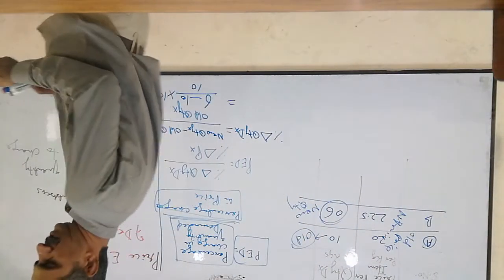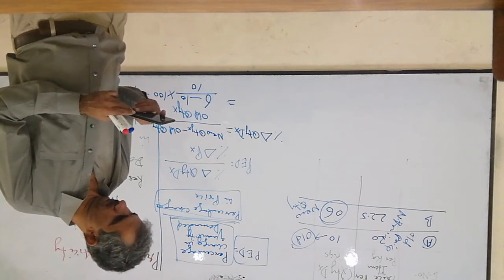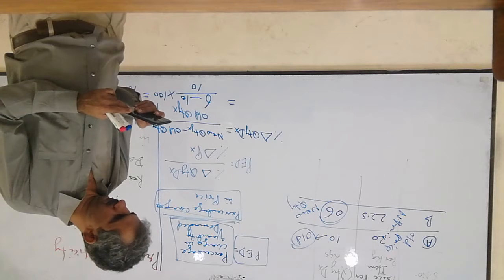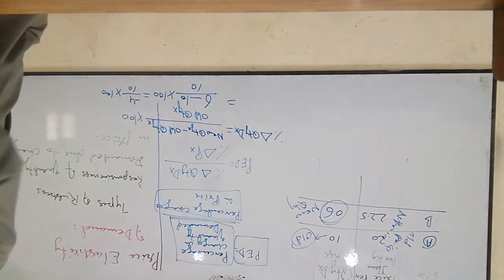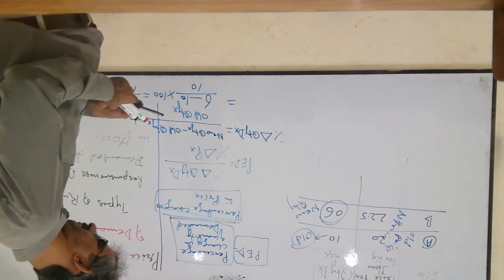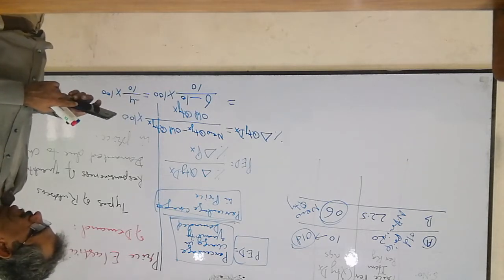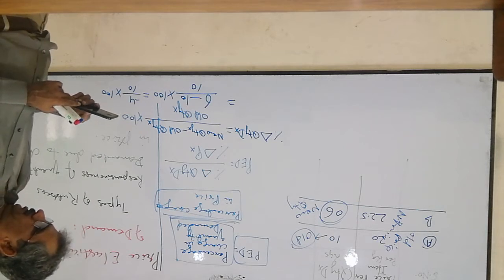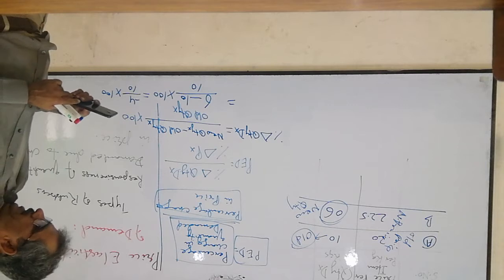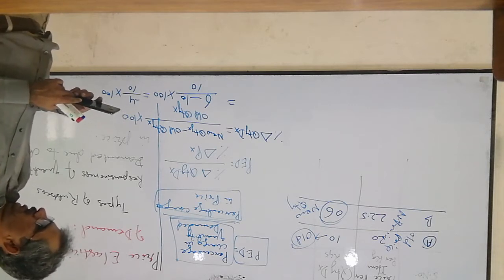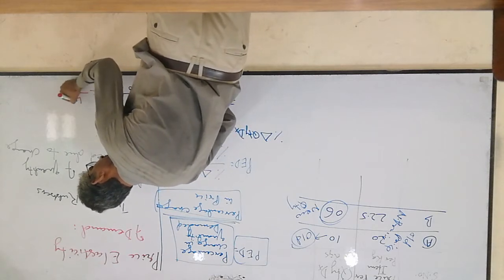We can use the calculator to confirm: minus 4 divided by 10 into 100, and it gives you minus 40.